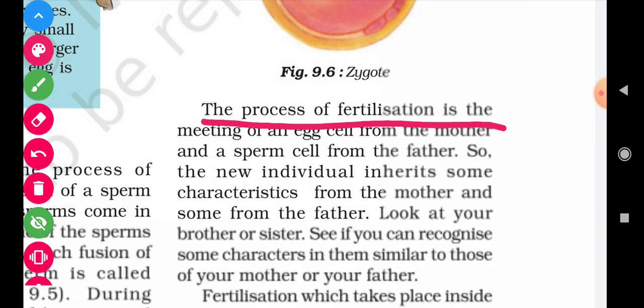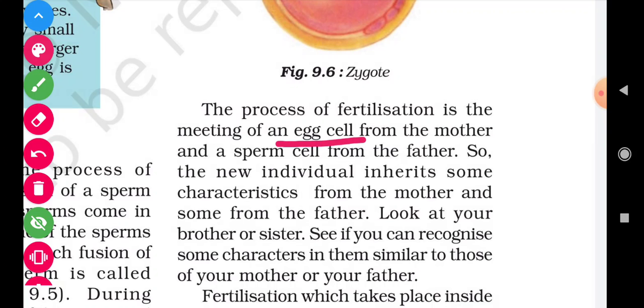The process of fertilization is the meeting of an egg cell from the mother and a sperm cell from the father. So the new individual inherits some characteristics from the mother and some from the father. So, students, during the fertilization process, the egg cell is from the mother's side and the sperm cell is from the father's side.